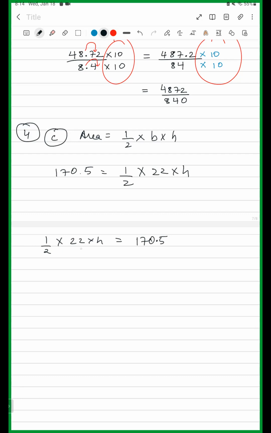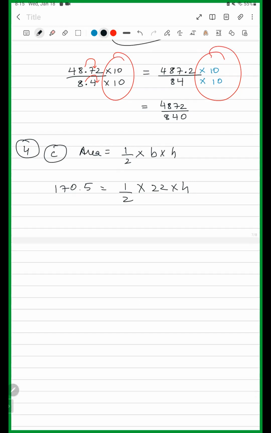Fine. So now what will you do? In this method you're going to say okay, h is equal to 170.5, then you're going to take this first into 2, then this will come in the denominator. Why would you do all that when you can just cancel it over here? Understood, Hiba? Yeah. So it's just going to save you time. That's all. Time and energy.